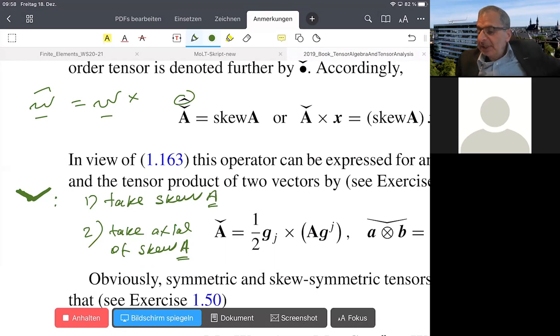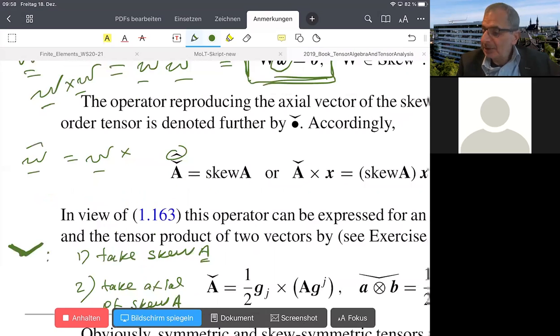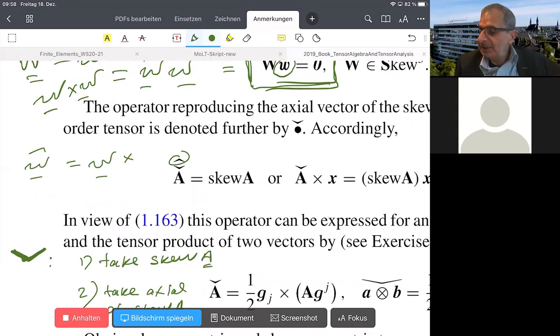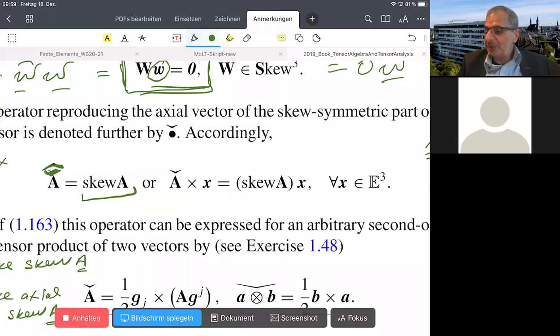And this operation means that, look, I show you. My idea is that if I take this operation here first on my tensor A, you see here, this new operation, right? Then I get this axial vector, and after that I again form a vector product, and that means that I come back to the skew-symmetric part of a tensor, right? Or another way around, completely the same.